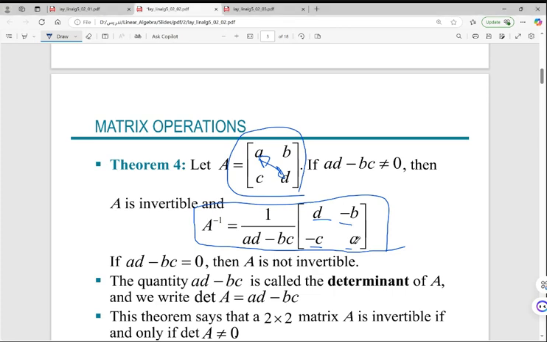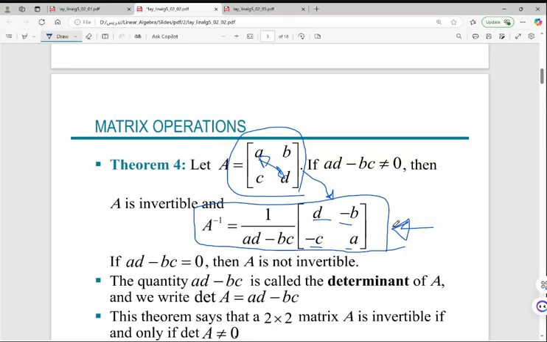If AD minus BC is not equal to 0, it's invertible. So the question is, we have A and someone has claimed that A minus 1 is obtained by this formula. How to verify if he or she is right or not?